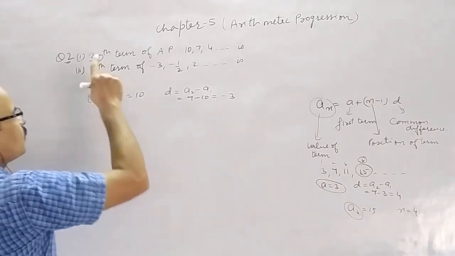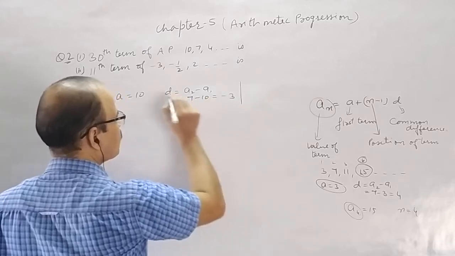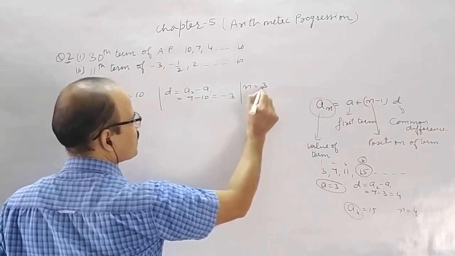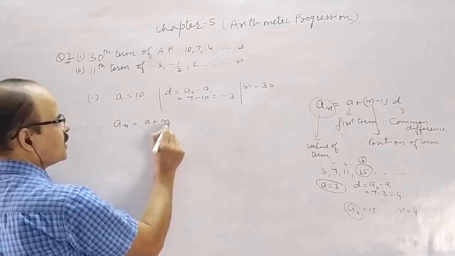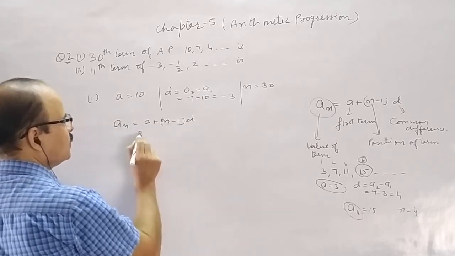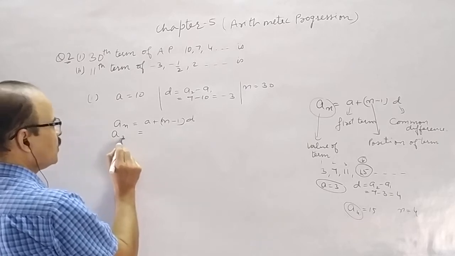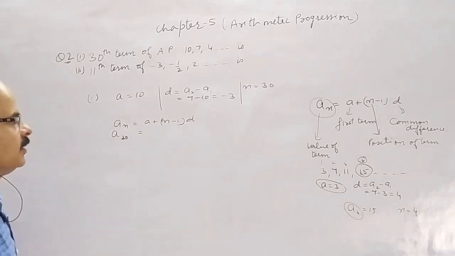And you have to calculate the 30th term, so N will be 30 in this case. Apply this formula, An equals A plus (N minus 1) into D, and put the values. A30 you have to calculate now.